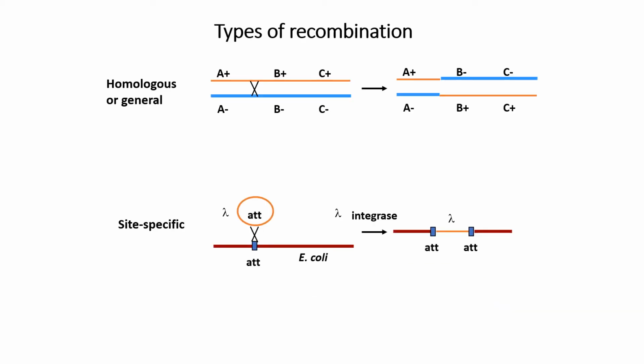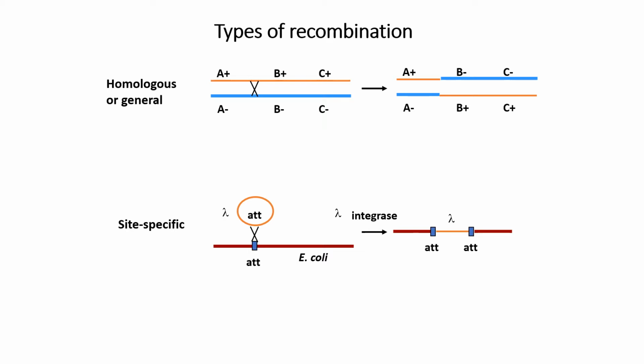Now, in detail about this recombination, there are different types of recombination. Here I'll focus on homologous recombination, or general recombination, and site-specific recombination. Homologous recombination takes place whenever transformation takes place, and it takes place in prokaryotic as well as eukaryotic cells.